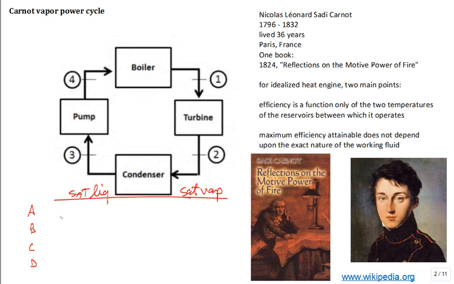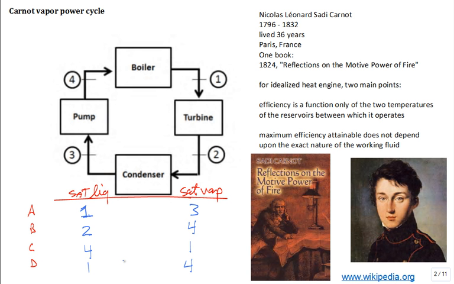Of those choices, which one is state 1 saturated liquid and state 3 saturated vapor, or which one works? Okay? For the Carnot vapor power cycle.